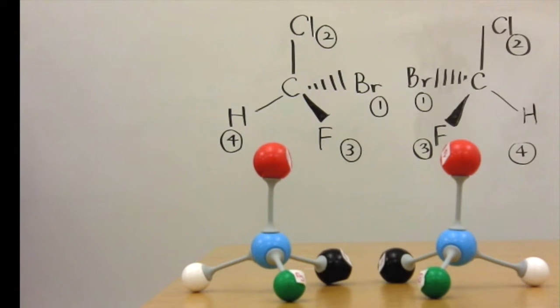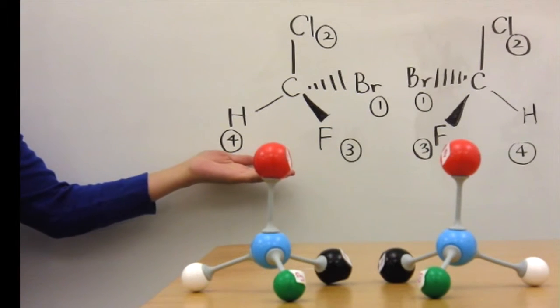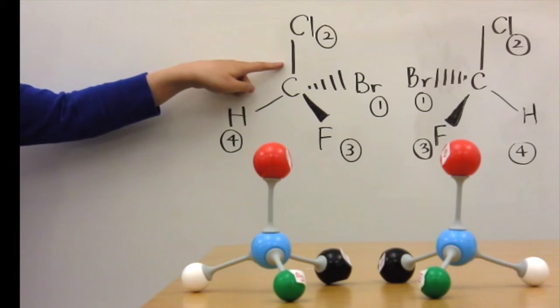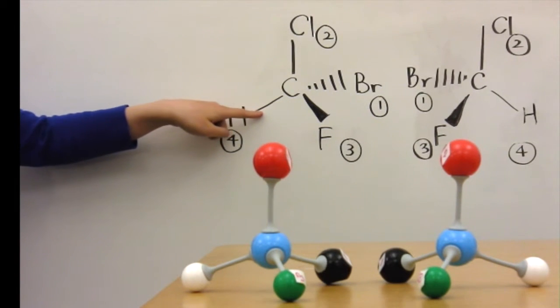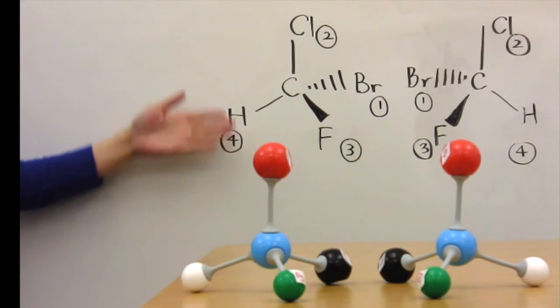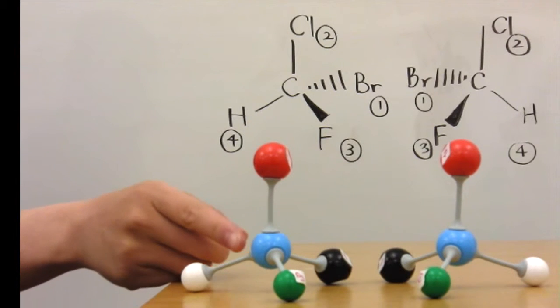This is how we decide which one is R, which one is S from this wedge and dash notation. Conventionally in chemistry, we use this solid black line to represent functional groups that are on the plane of this board, just like this one and this one.